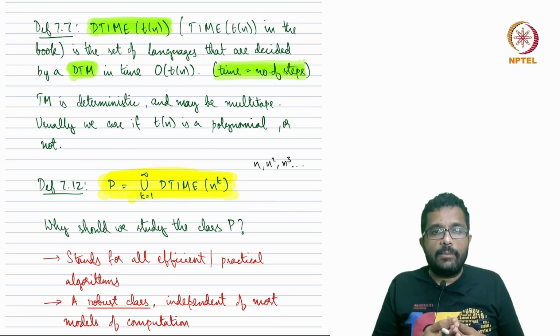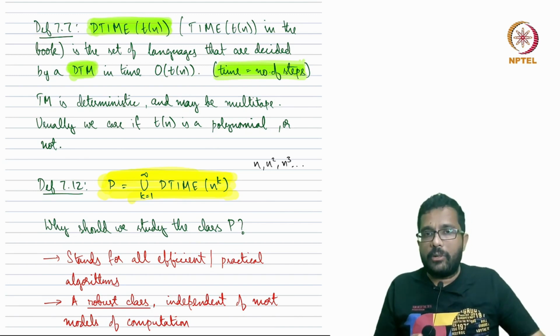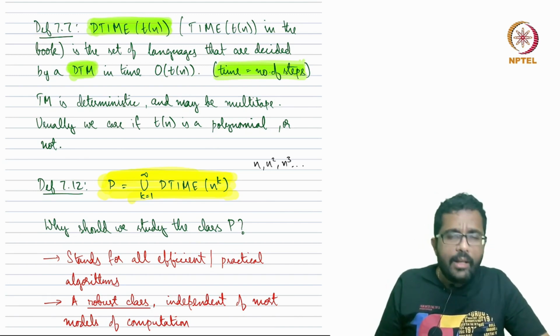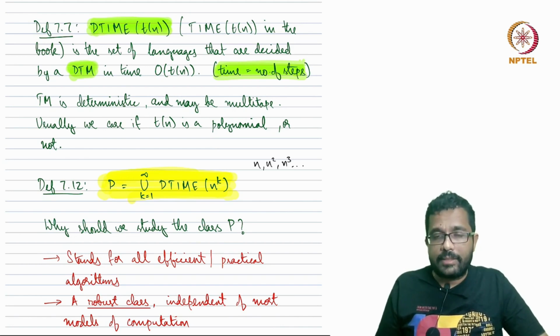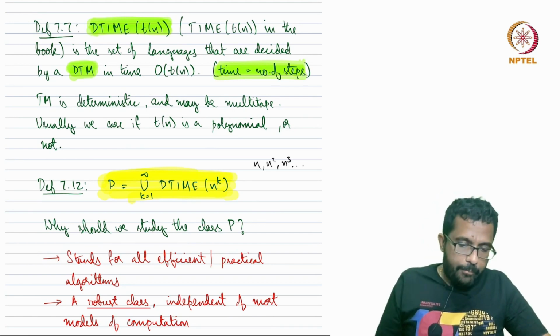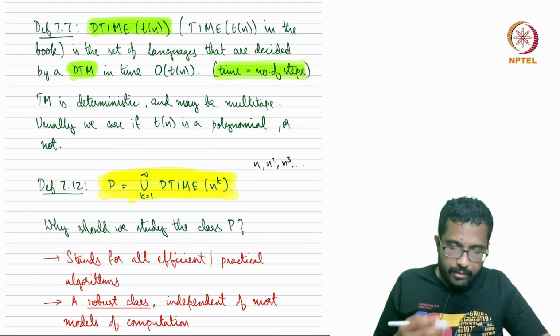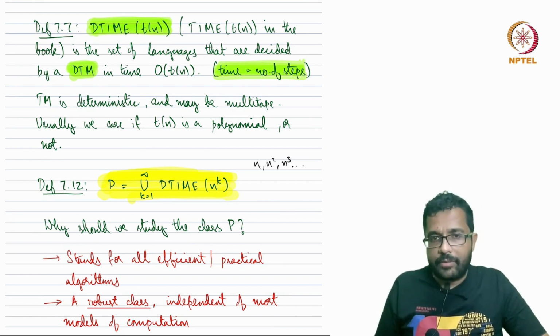And this is one of the most important and most fundamental complexity classes that we will see, right? So we are going to be hearing P much more in the rest of the course.